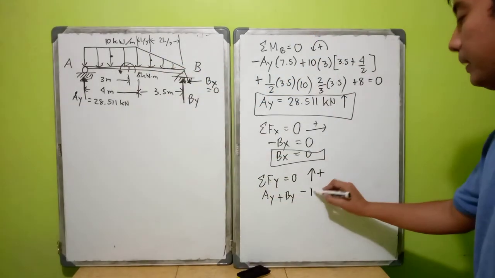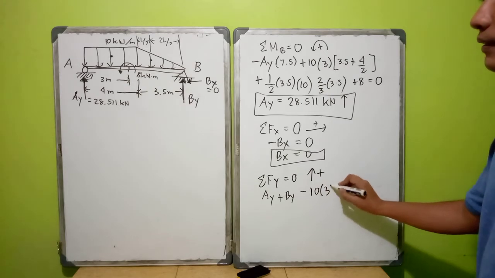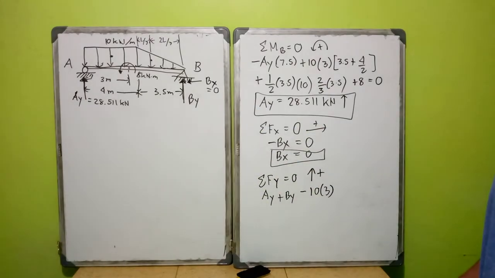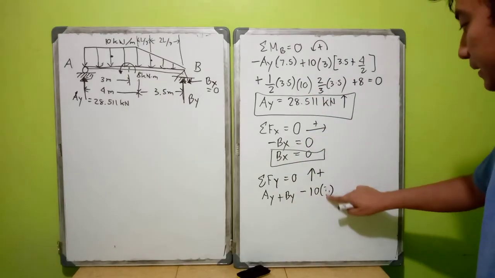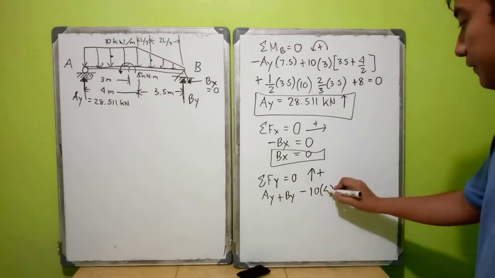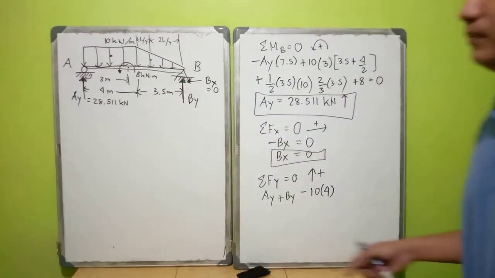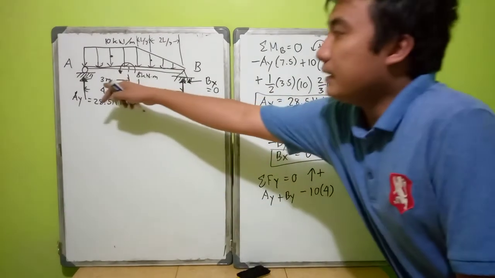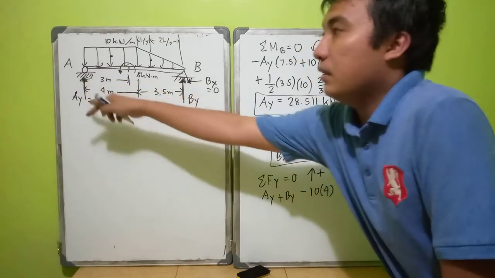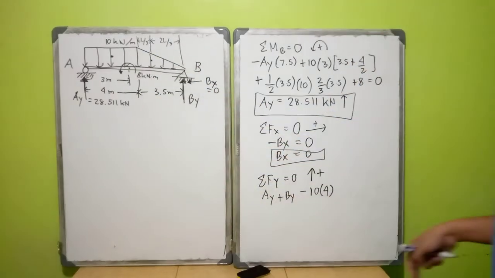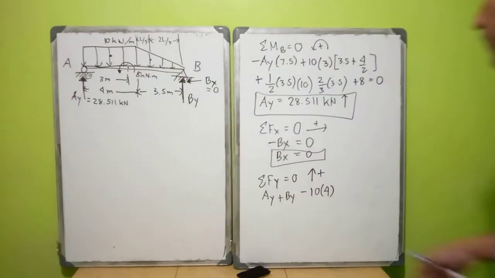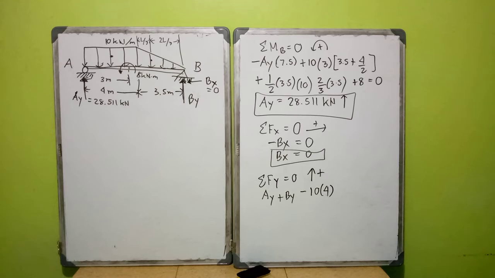So we have minus 10 times 3, because it's a rectangular load. 10 kilonewton per meter times the length, 4 meters. The 3 meters is the distance from your support A to the center of your internal moment, but the length of your 10 kilonewton per meter load is 4 meters.